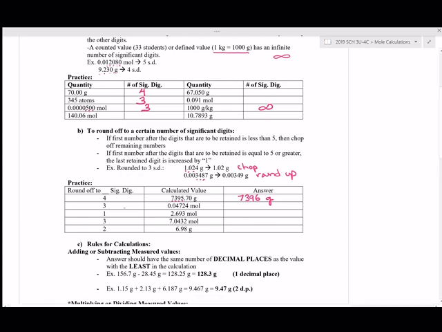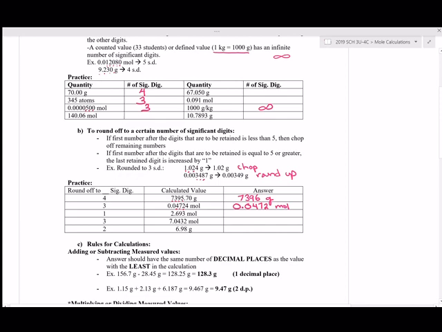Okay, 3 sig digs. Ignore those zeros out front. Start counting at the 4, 7, maybe the 2. Look at the 4. We're going to chop. So we're going to have 0.0472 moles. And that has 3 significant digits.